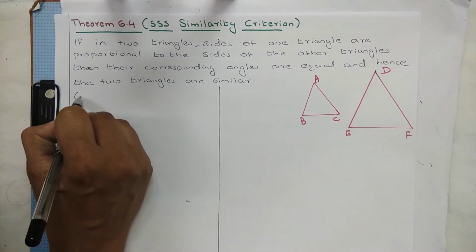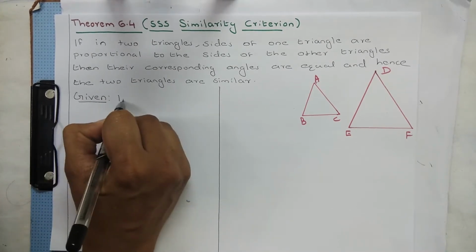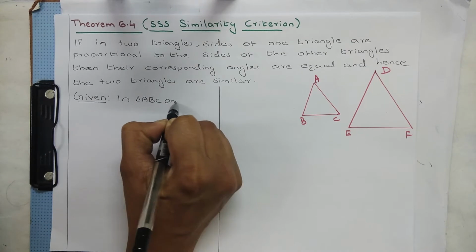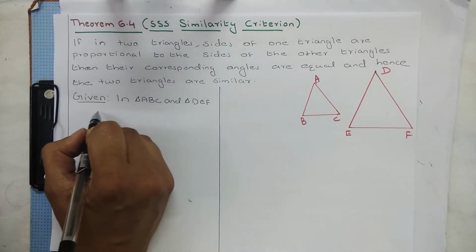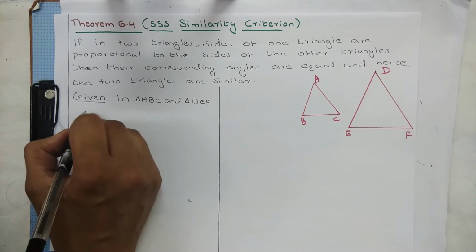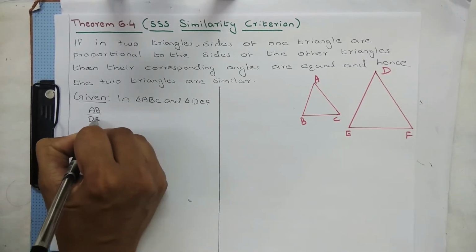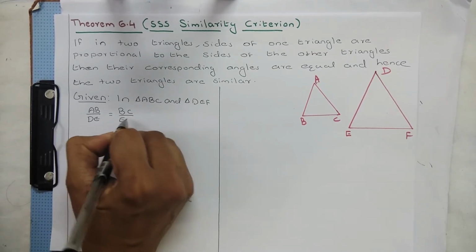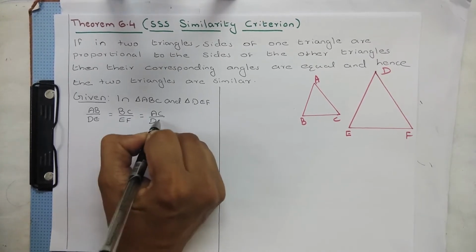So first you have to write what they have given. In triangle ABC and triangle DEF, sides are proportional, they have given. That is AB divided by DE is equal to BC divided by EF is equal to AC divided by DF.